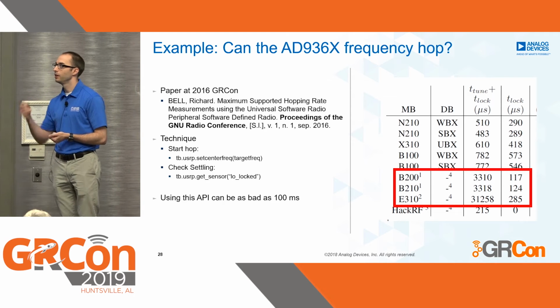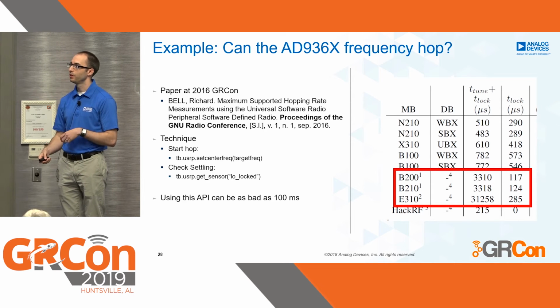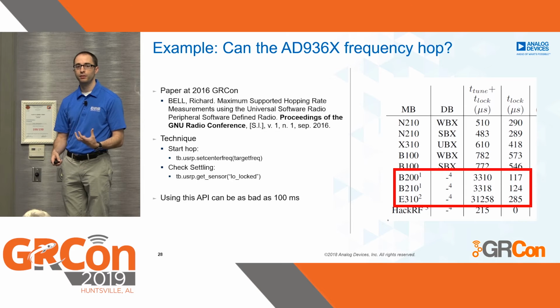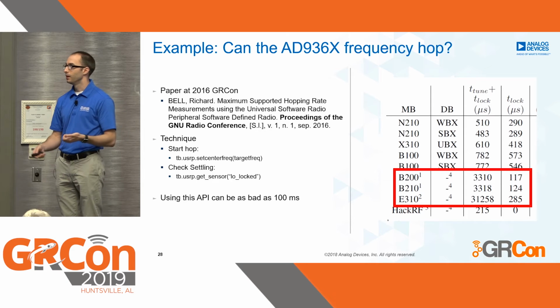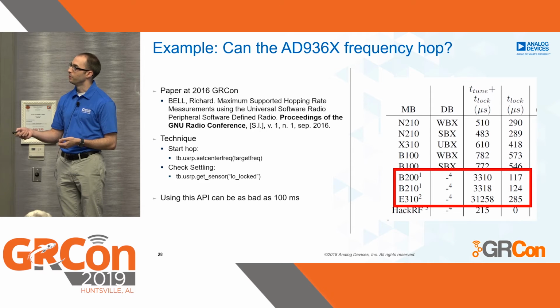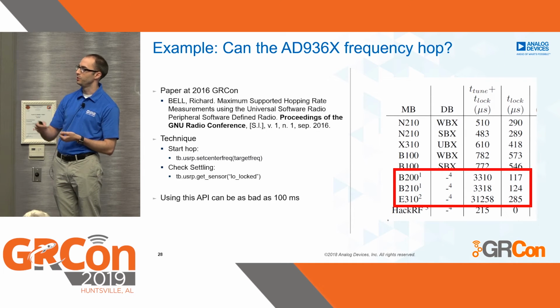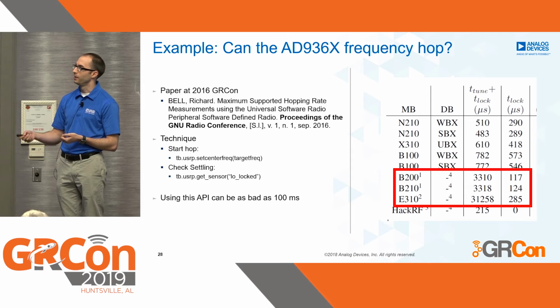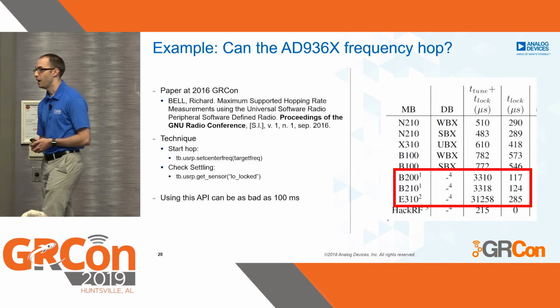There was a paper done in 2016 about the frequency hopping capability of different SDRs. And on the right, I just have a table of some of the results. And they say that the B200 and the E310, which all have a 9361 inside them, or a 64, I believe, for the B200, all have a super long frequency hopping time.